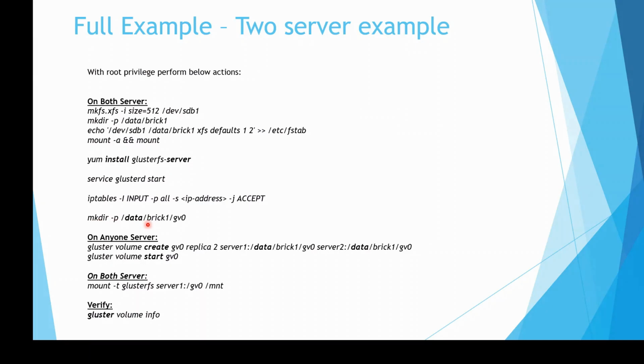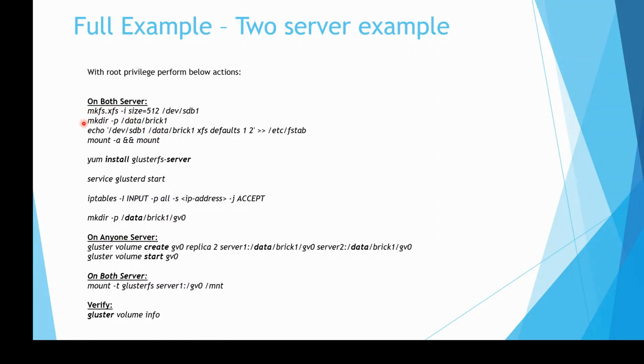And now we are creating another folder in /data/brick1/gv0, and this gv0 is what we call a brick. We create a similar folder on both of the servers, because whatever you write, that data will be stored in /data/brick1/gv0 on any of the servers.